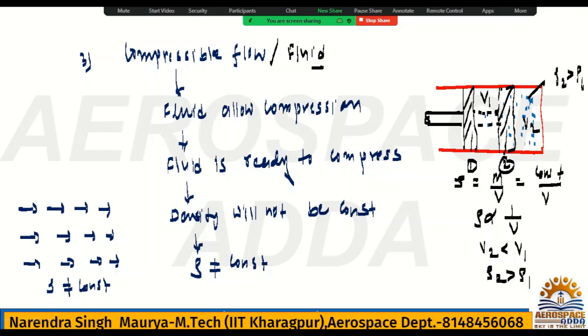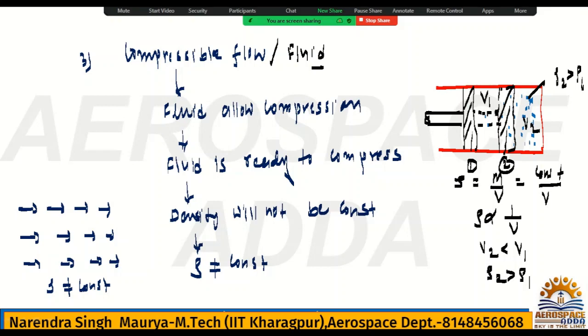That means density is not constant for the fluid, and if such a fluid flows in a channel, then it is called compressible flow. Compressible fluid and compressible flow. Got my point? There should not be any confusion about compressible fluid and compressible flow. A compressible fluid, if it is flowing, is called compressible flow.